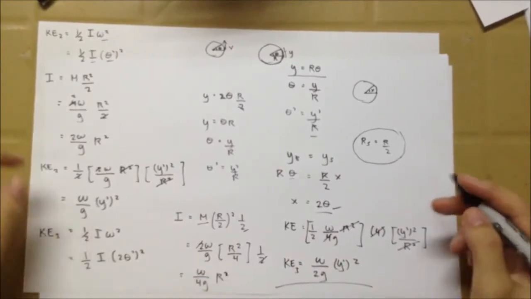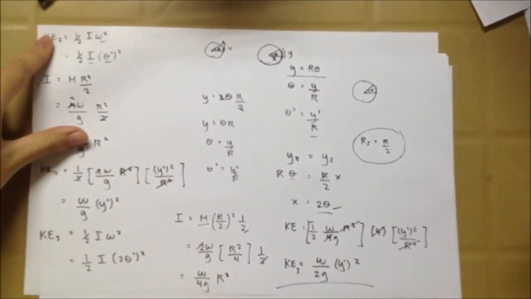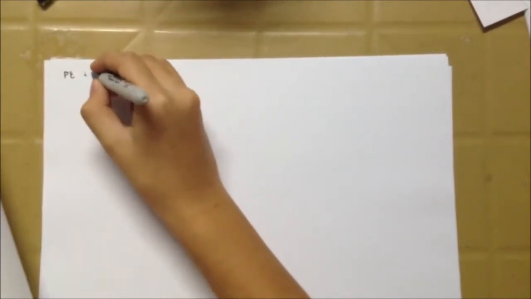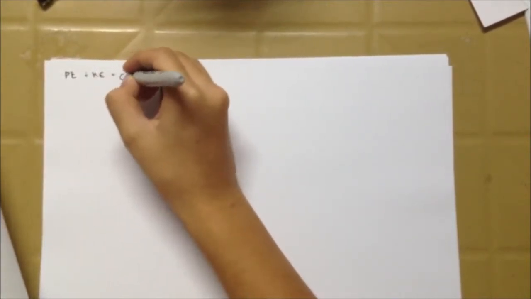Now, using the conservation of energy, the sum of your total energy, which is your potential energy plus your kinetic energy, is equal to a constant c.